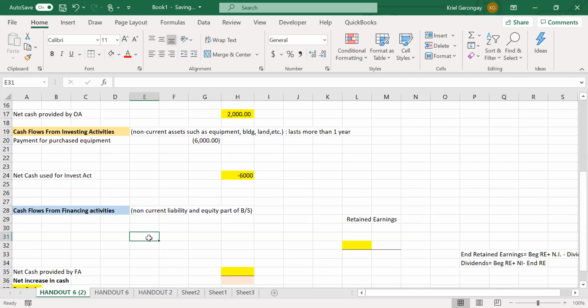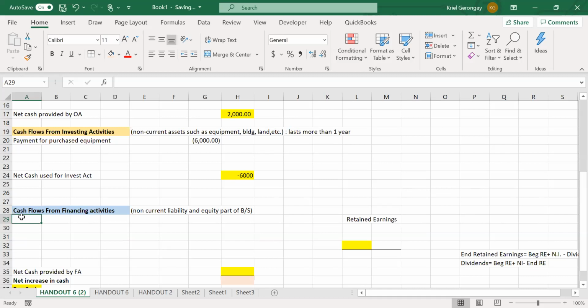Basically, any liability that will be paid after more than a year counts as non-current liability. So far for this balance sheet, we don't have any non-current liability because accounts payable and unearned rent are due within a year. So we can just focus on the common stock and the retained earnings.